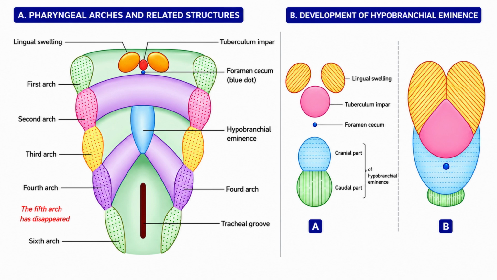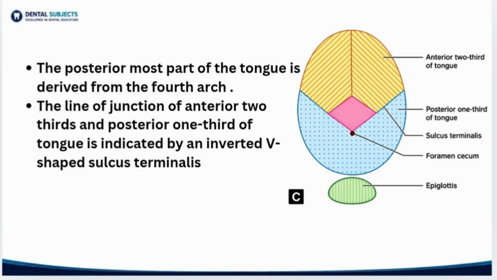Then the posterior-most part of the tongue is formed from the fourth arch. These processes fuse with each other to form the tongue. The anterior two-thirds is formed from the first arch, the posterior one-third is formed from the third arch, and the posterior-most part is formed from the fourth arch.